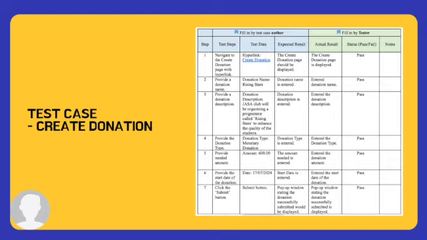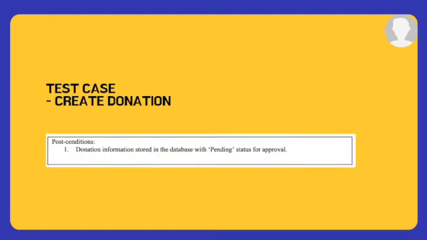This is the valid partition test case. In this test case of create donation, the post condition is that the new donation information will be stored in the database with pending status for approval from the admin.